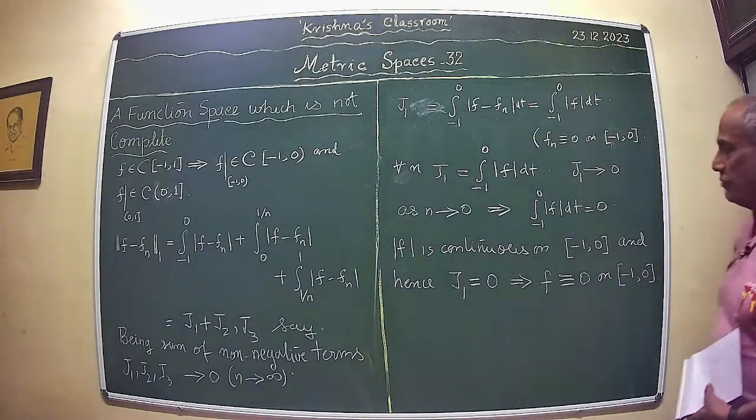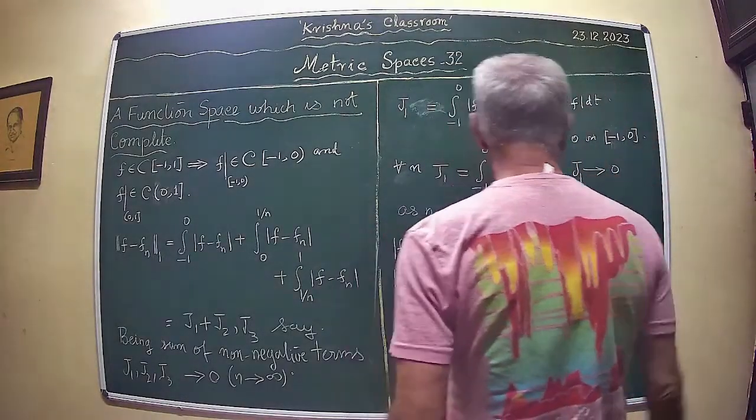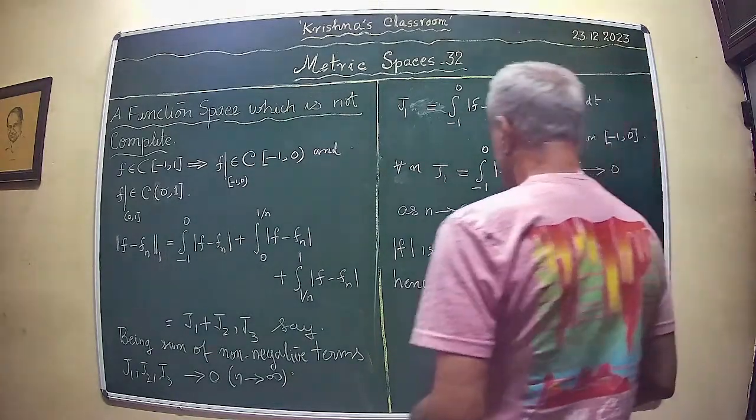So we have proved that f is identically equal to 0 on the interval minus 1 to 0.